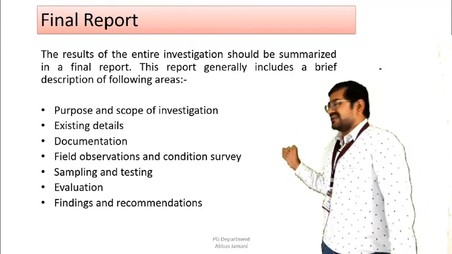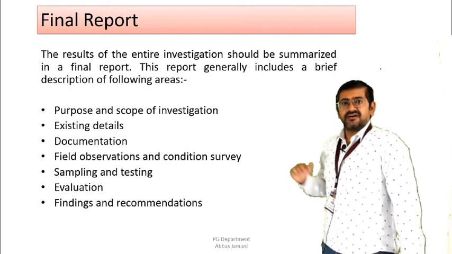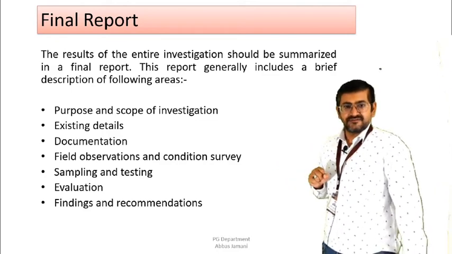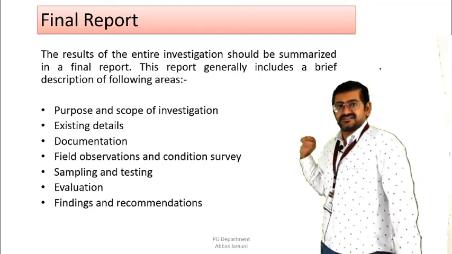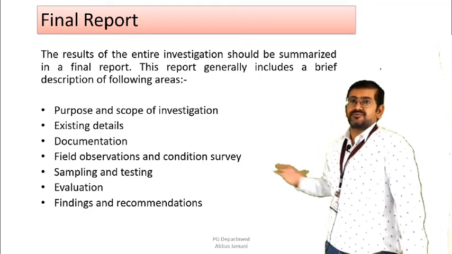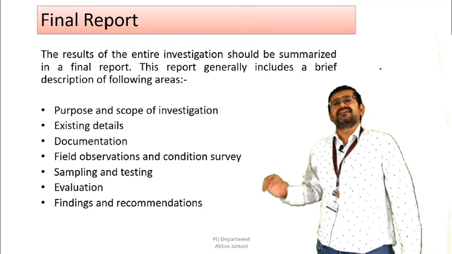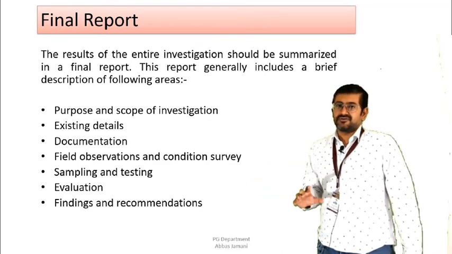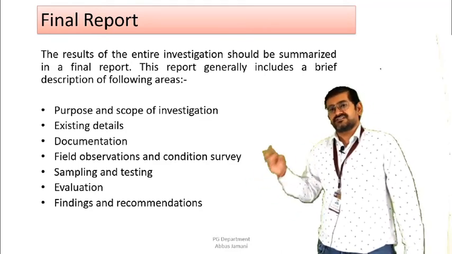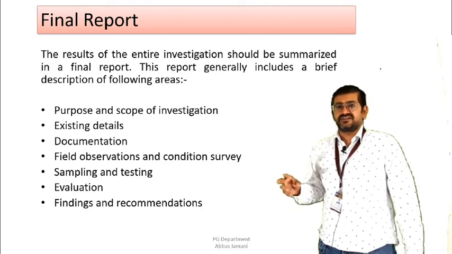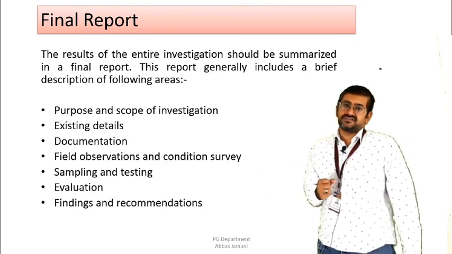Then sampling and testing that is carried out on the site, that is, NDT tests and exploratory removal. Along with that, the evaluation results, and based on that, you propose your recommendation and conclusion whether the proposed objective can be achieved or not. If yes, then show what is the cost associated, what is the time associated, and what is the sequence in which the construction is to be done. Right?